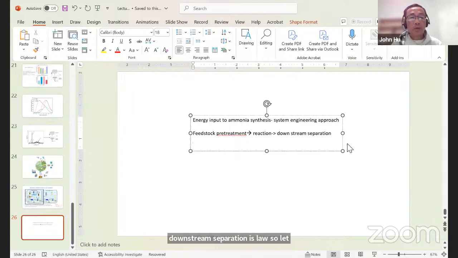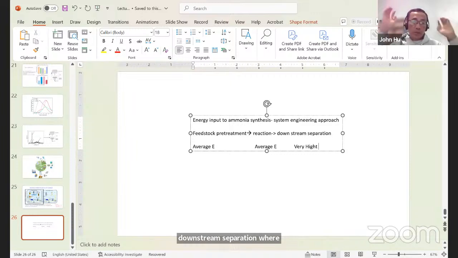For the Haber-Bosch, I would say this is the average energy, average E. And then if you look at the reaction, I would say average energy. Energy means E. I'm going to break down the energy span. For Haber-Bosch, downstream separation is very high. Make sense? So keep in mind, feedstock pretreatment, reaction, downstream span very high.